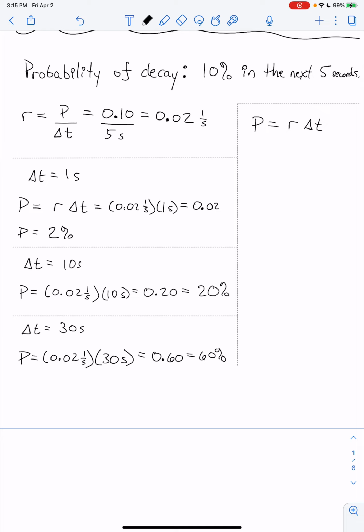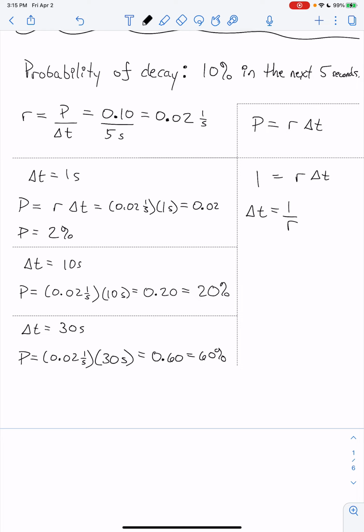Now, the other obvious thing that we should consider is, what happens when we have a probability of 1? Let's take a look at that. Let's say 1 is equal to our r times delta t. And so that gives us a delta t that's equal to 1/r.